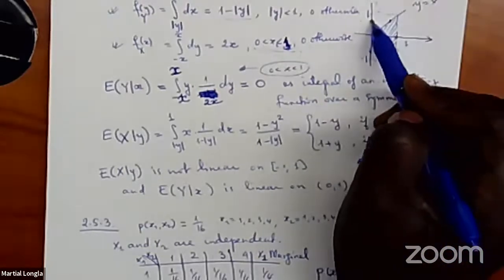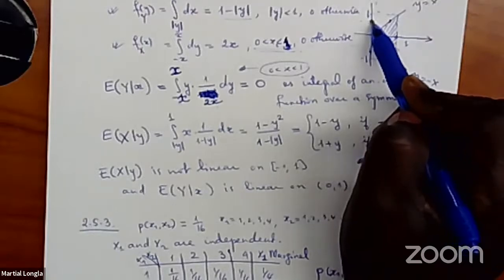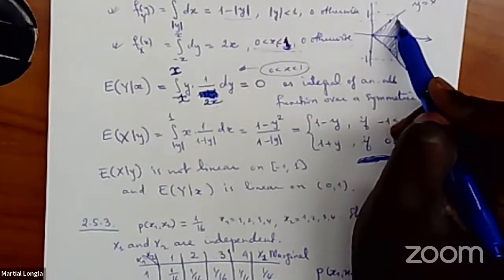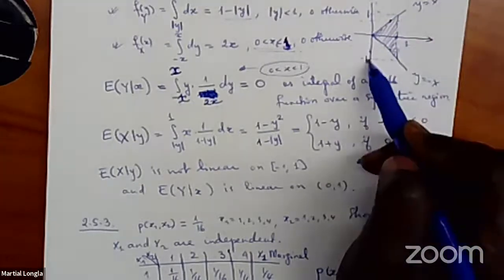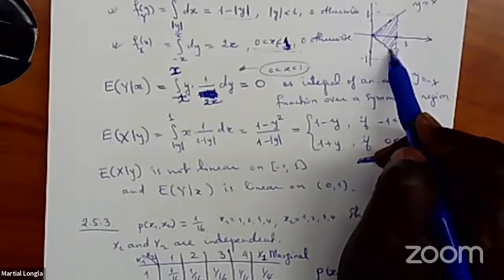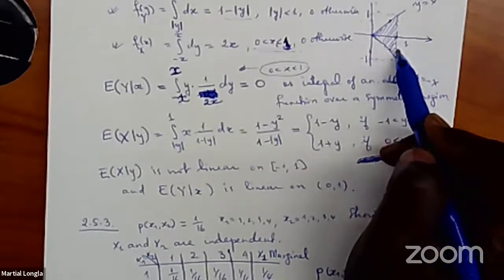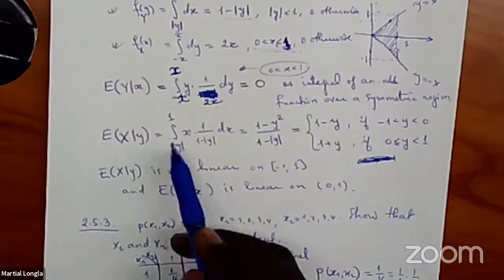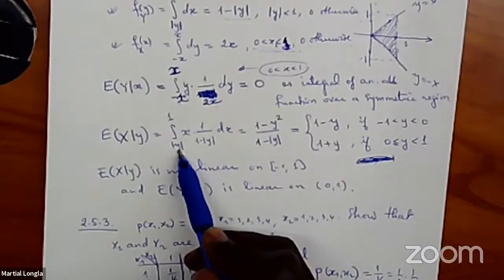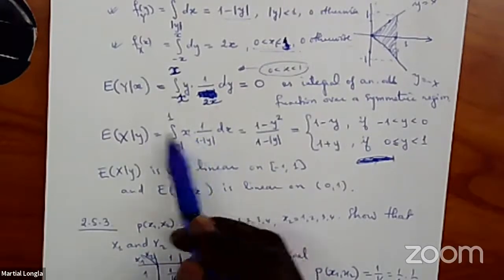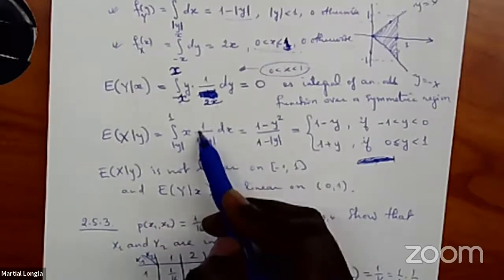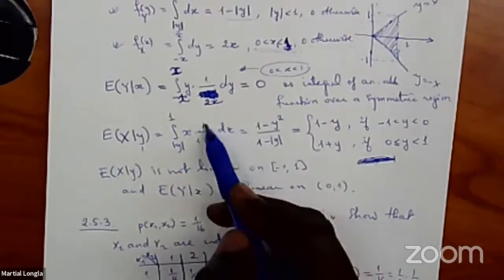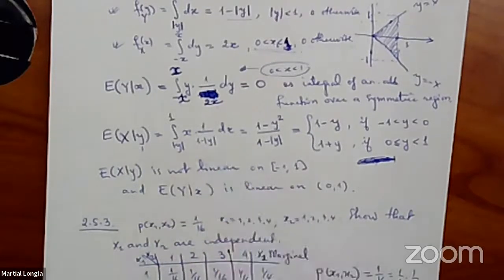If y is fixed and up here, x goes from y to 1, right? If y is fixed and down here, x goes from -y to 1. So again, that is from absolute value of y to 1. That's why here it's the integral from absolute value of y to 1 of x, which is the variable you're integrating. And now the joint density divided by the marginal of the thing you're conditioning on. That's 1 over 1 minus the absolute value of y.